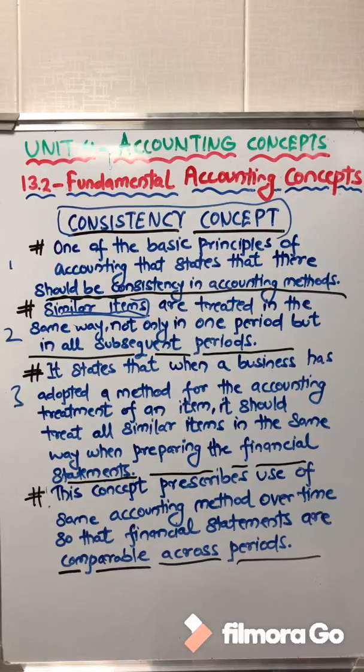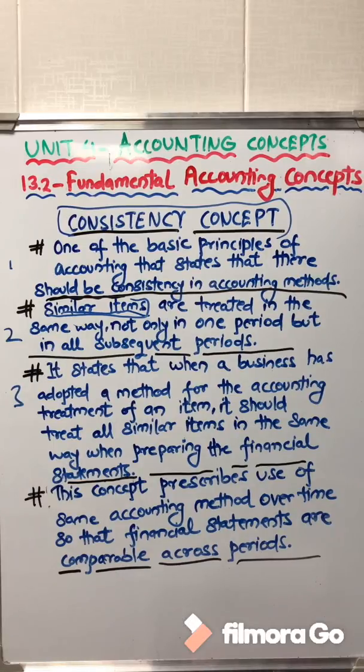One year we take one method, and another year we take a different method. It's not a healthy practice, it's not good, and it's not even logical, because of course the figures from one year will be different if you adopt different methods in the next year.